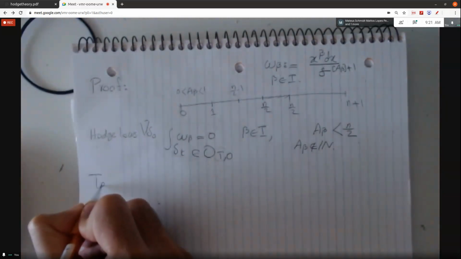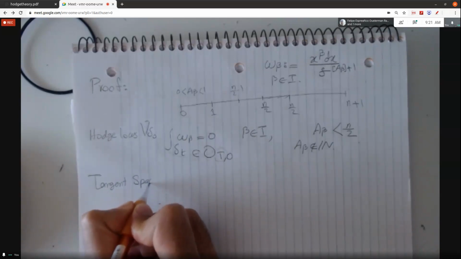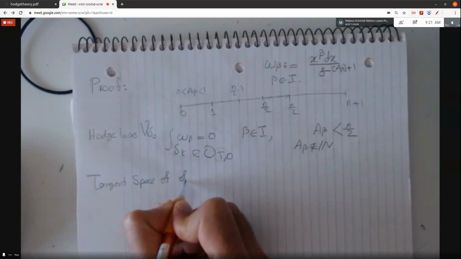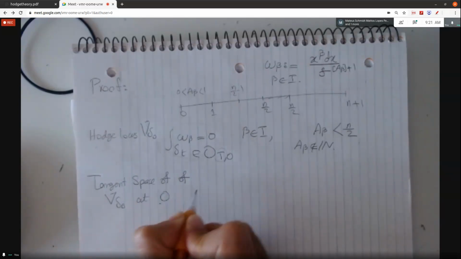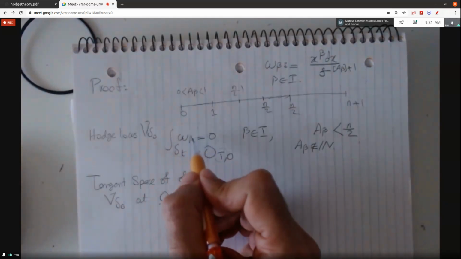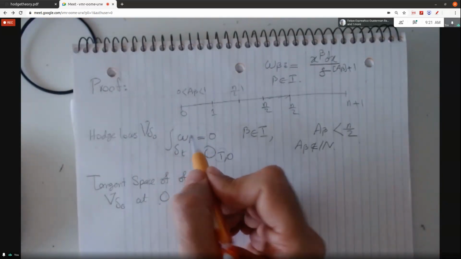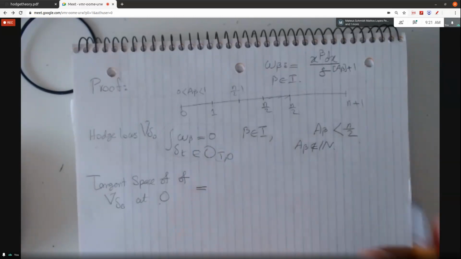So the tangent space of it. Okay, so this is the calculus problem of 150 years ago. You have a bunch of holomorphic functions, they are equal to 0. You define the variety as their zeros, and its tangent space is the kernel of the derivative.